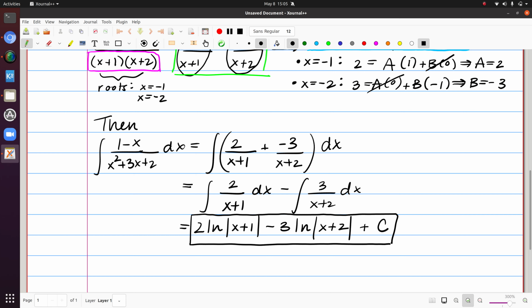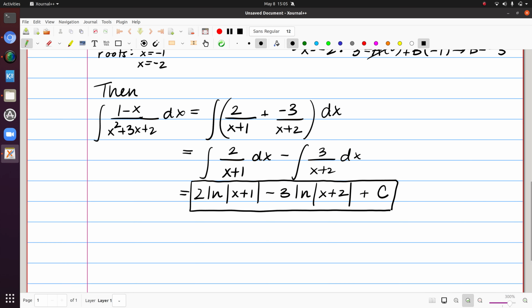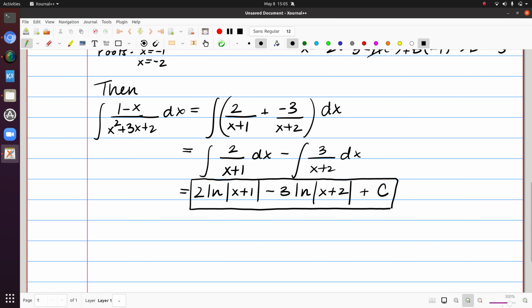The other thing to think about is, because we're always breaking up into linear factors, you will get a natural log. We do have to be careful if you ever have one where you have a coefficient in front of x, then you have to be careful about the antiderivative, just as a reminder. We'll see some examples of that.